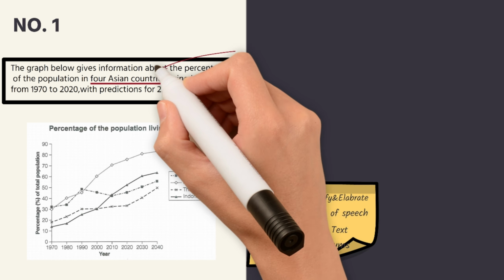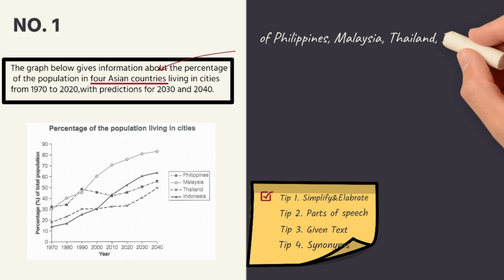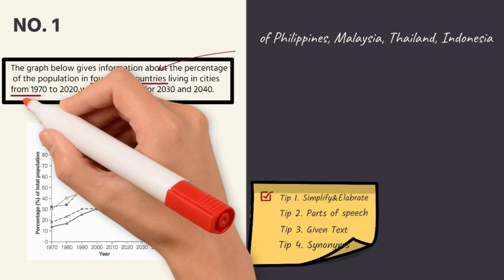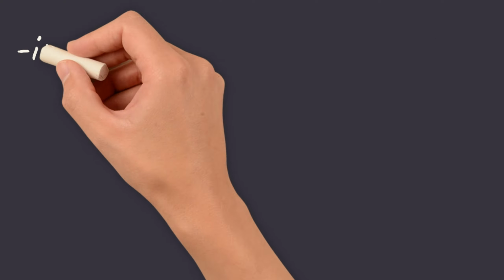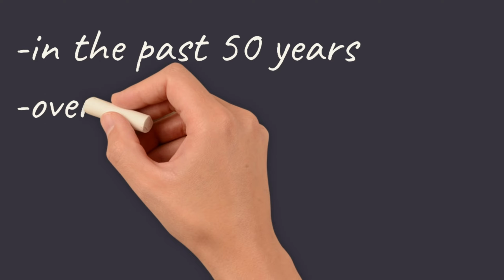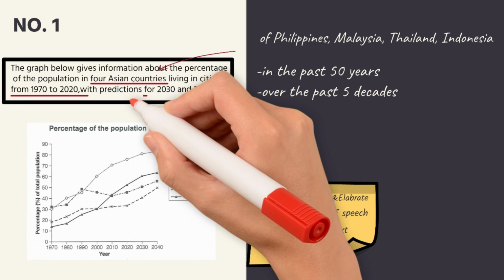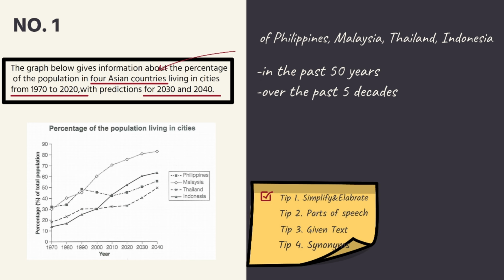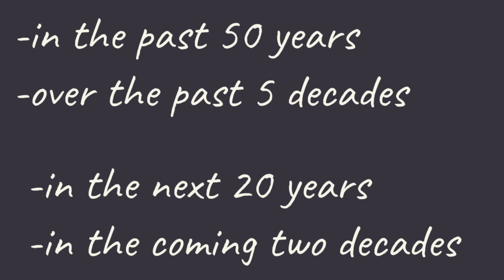Change 4 Asian countries to Philippines, Malaysia, Thailand, and Indonesia. Simplify 1970 to 2020 into in the past 50 years or over the past 5 decades. And revise 2030, 2040 to in the next 20 years or in the coming 2 decades.